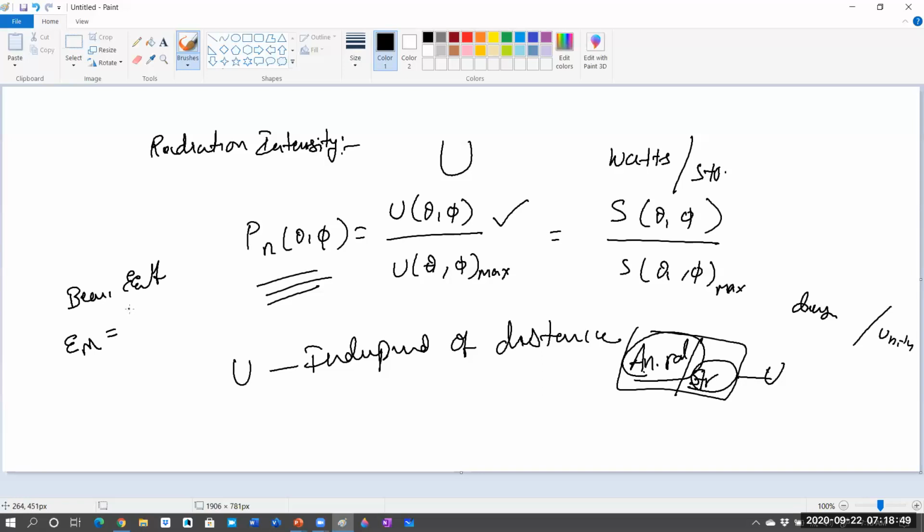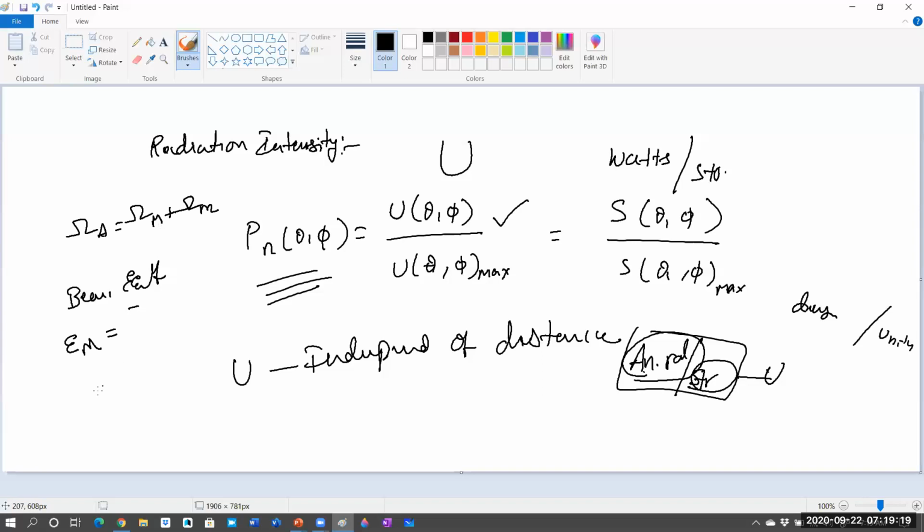The total beam area is equal to the main lobe area plus the minor lobe area. This is a capital M and this one is a small m, where omega is the beam area.